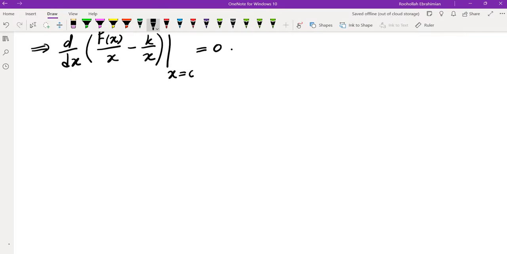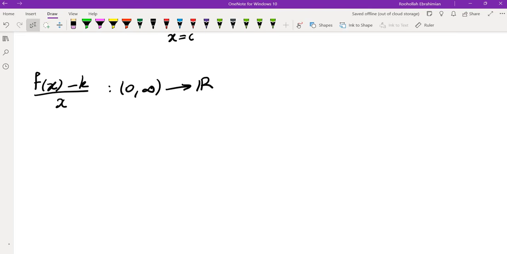So now let's apply the mean value theorem to this function. So consider this function, f of x over x minus k over x. In this function, we can say this function from positive real numbers to real numbers is a differentiable function.